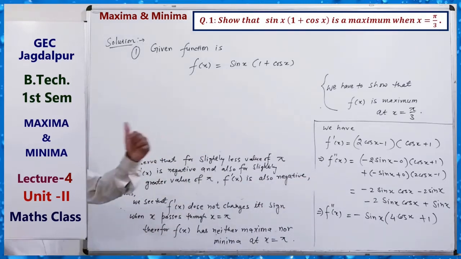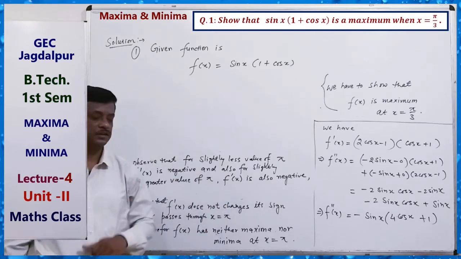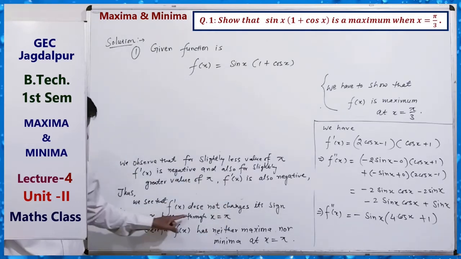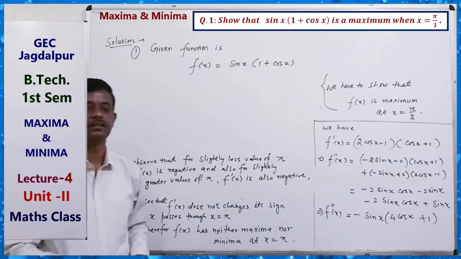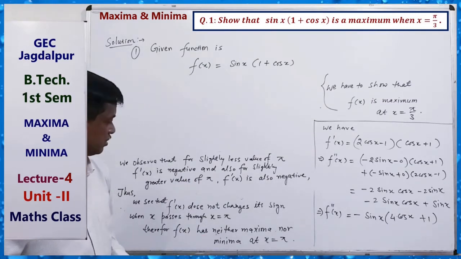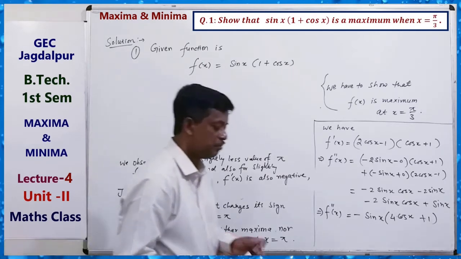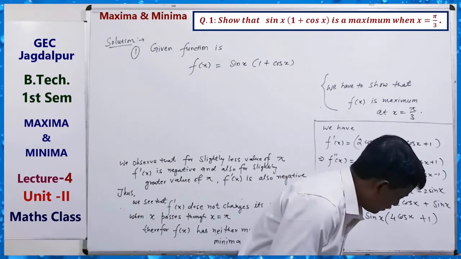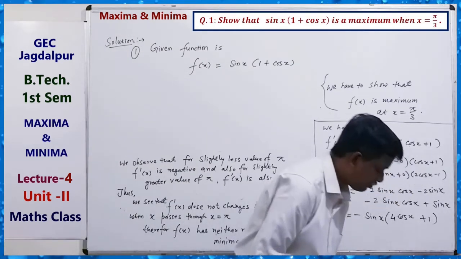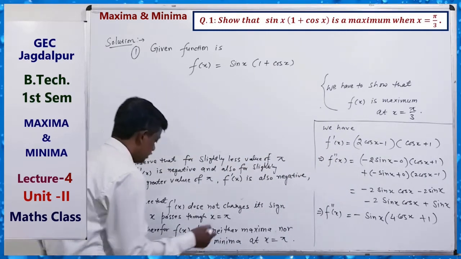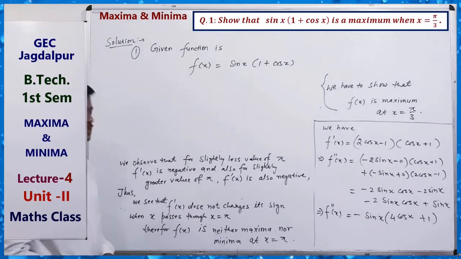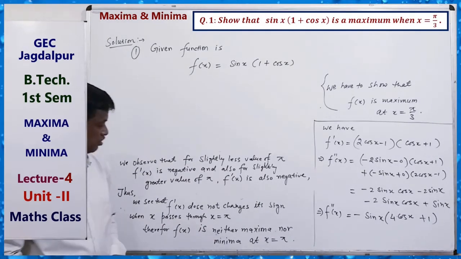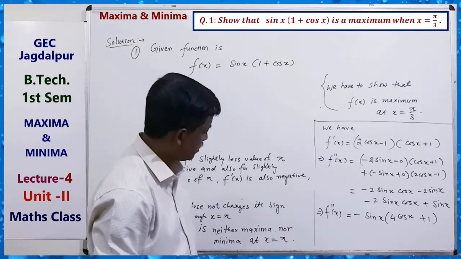Thus, we see that f dash x does not change its sign when x passes through pi. Therefore, f(x) is neither maximum nor minimum value at x equals pi. Okay.